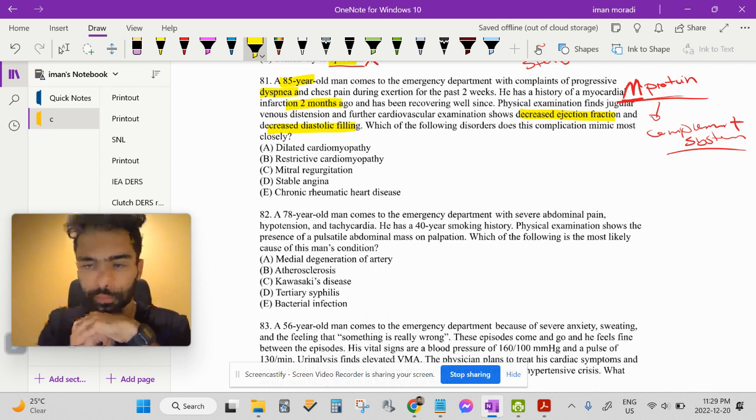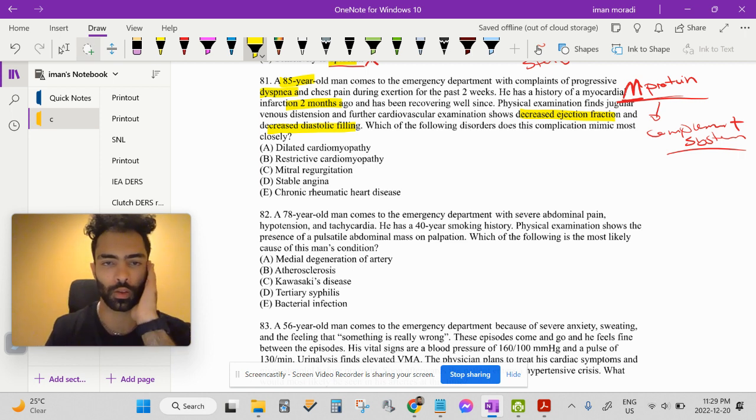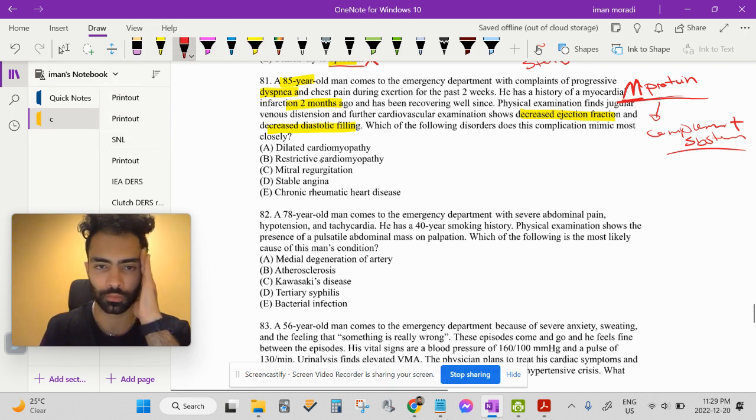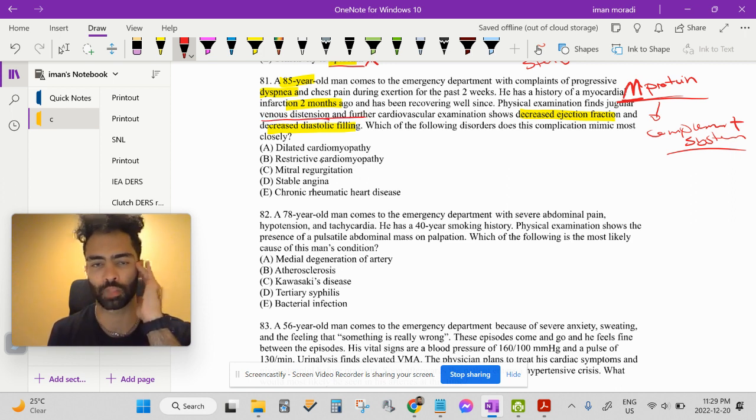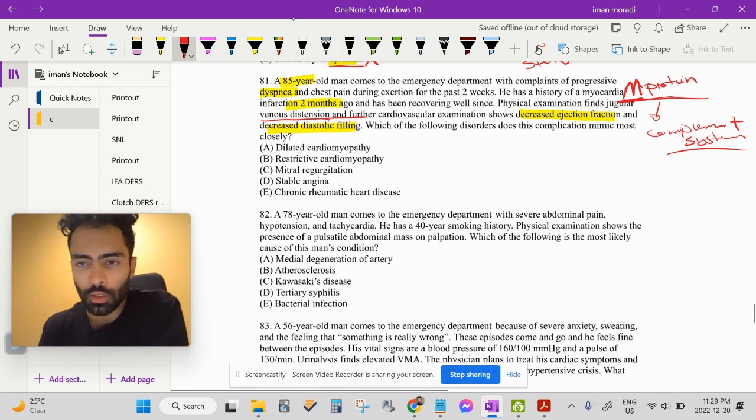You have jugular vein distension, which means blood isn't going back to the heart properly, or the heart isn't getting rid of the blood that's already in it.